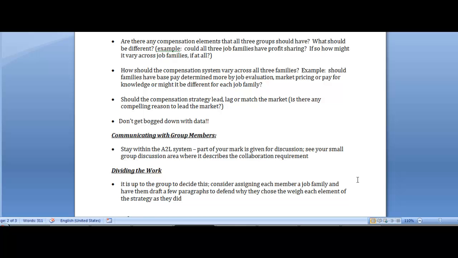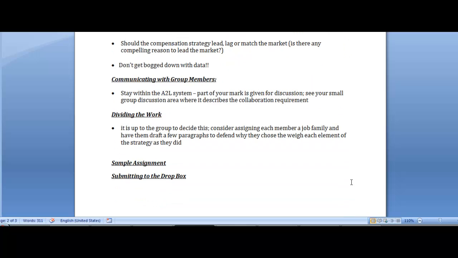Dividing up the work. Again, that's really up to you to decide how you want to divide up the work. I don't want to interfere in your group process. But what I would suggest, and some of you are thinking about doing it already, and if you haven't started the project, that's fine, is that you might want to have each member focus on a job family and complete a few paragraphs on why they selected or put together the template they did for that particular job family.